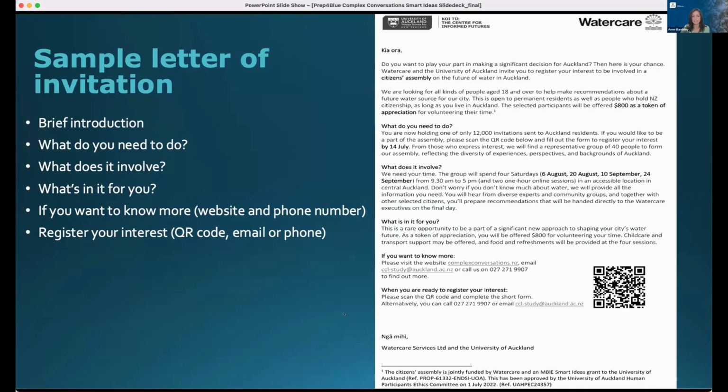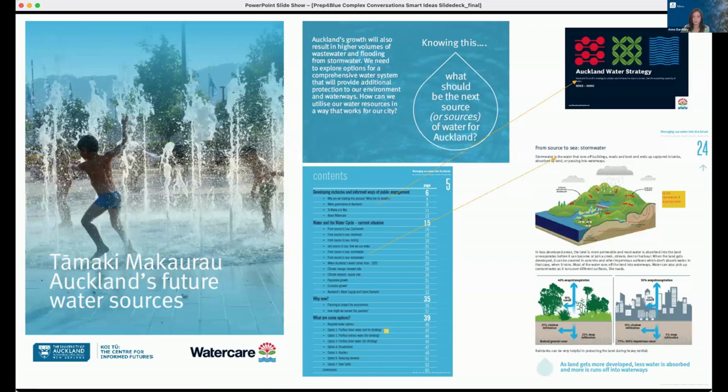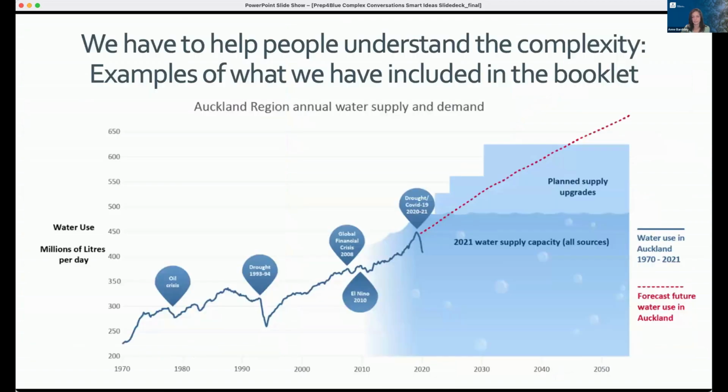And as I said, from that we got our 40 participants that were all called individually by a research assistant and walked through the process so that they knew what they were getting themselves into. This is an example of the booklet that we prepared for the participants with some background information on water.